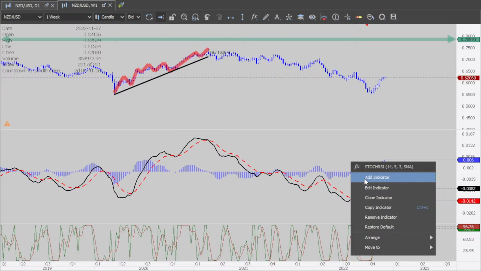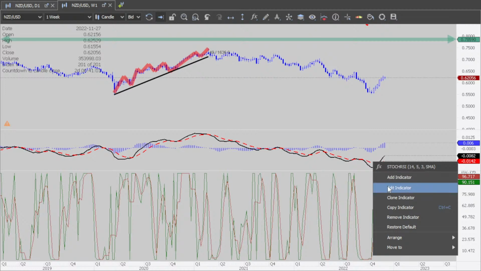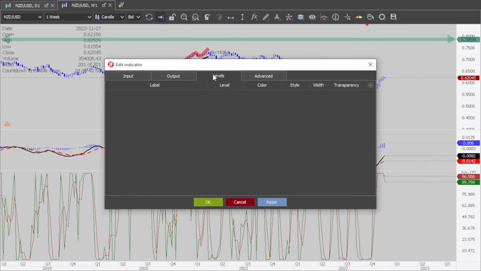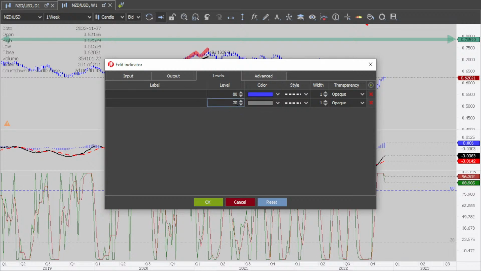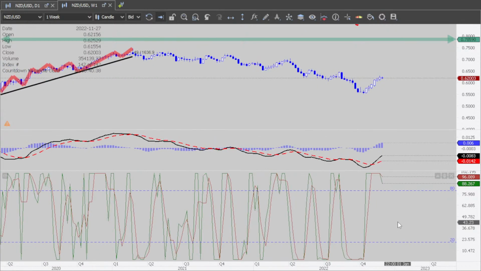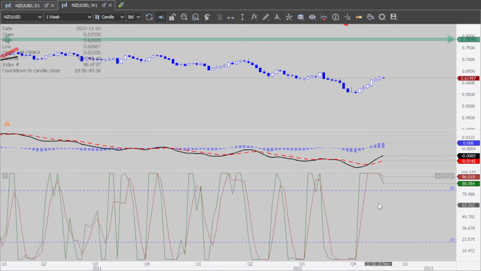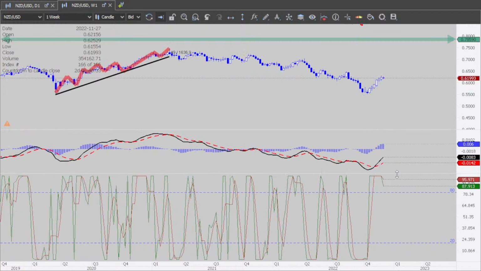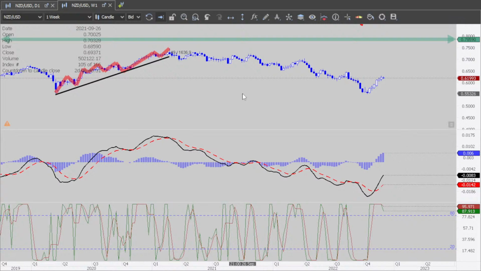Okay, everybody? When you put stochastic on the chart, you click on edit indicator, and we are going to put levels. We need a level of 80, which is going to be a symbol of overbought, and a level of 20, which is going to be a symbol of oversold. Yes, vice versa, correct, it's the opposite. Yes, thank you very much.